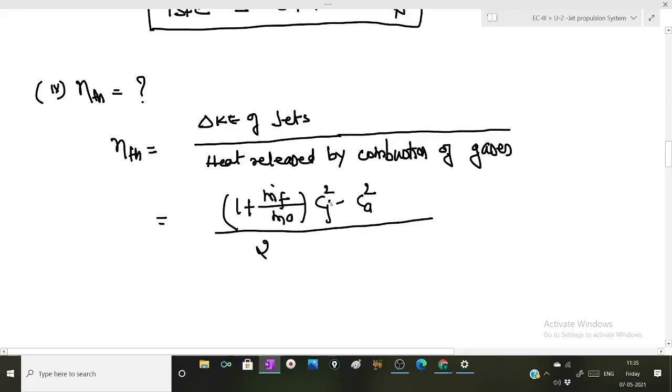So their change in kinetic energy will be this, and heat released by combustion of fuel is nothing but mass flow rate of fuel per unit mass flow rate of air into calorific value. This much energy is released by combustion of fuel, and here combustion efficiency will come into picture. So this is the required formula for thermal efficiency.